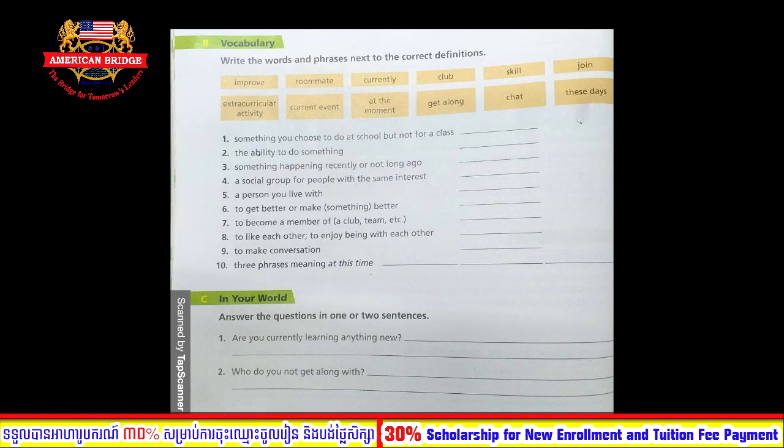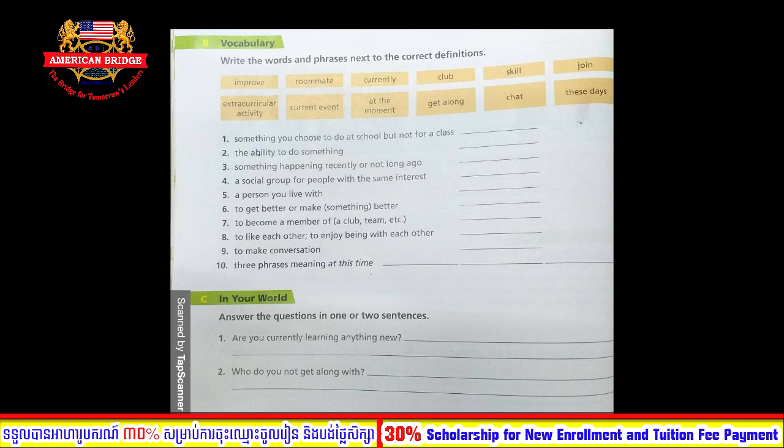Number 7, to become a member of a club, a team, or more, okay? Number 8, to like each other, to enjoy being with each other. Number 9, to make conversation. Number 10, 3 phrases meaning at this time.